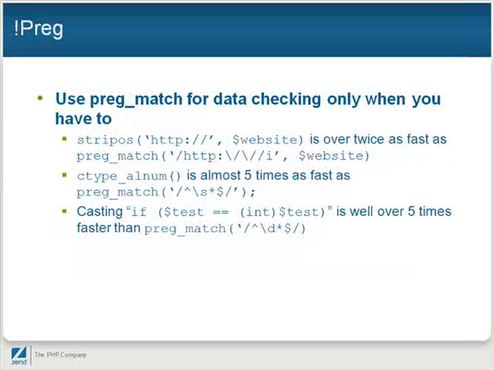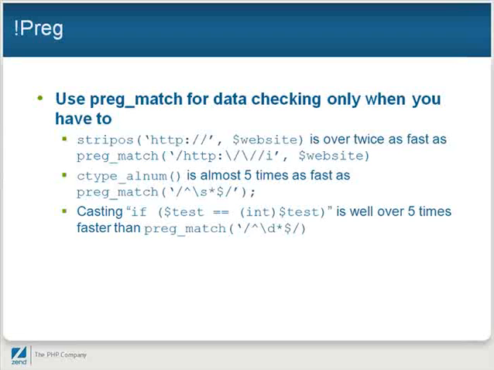Be a little bit aware of regular expressions. Regular expressions are by no means evil. Their syntax is, but regular expressions are something that is very useful when you're doing some kind of data checking against complex data. However, if you're not using complex data, it's probably a good idea to not use regular expressions.